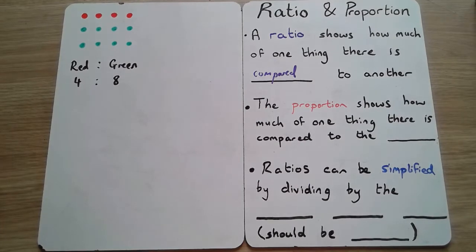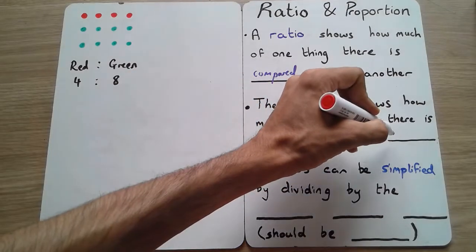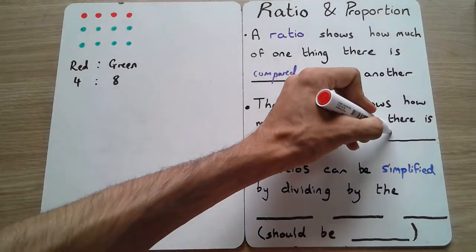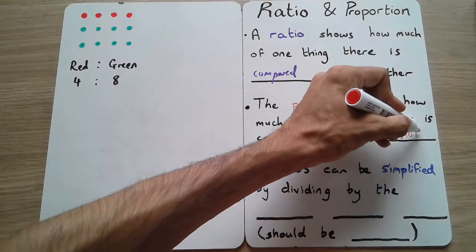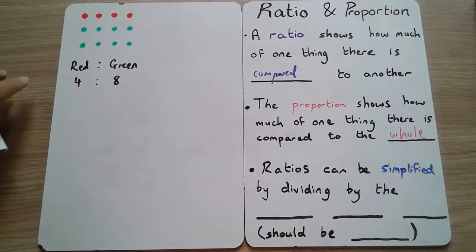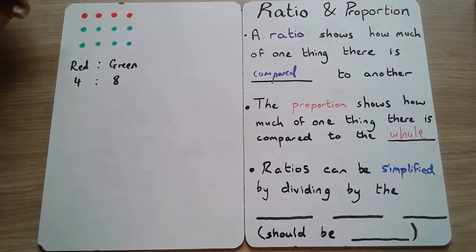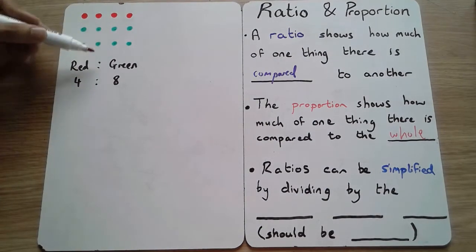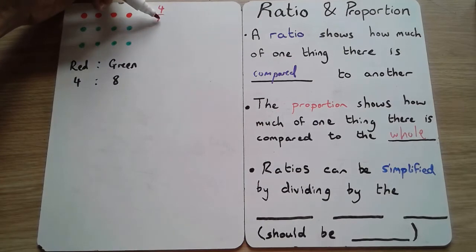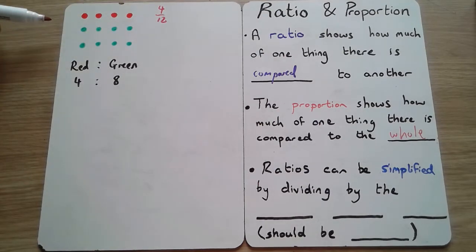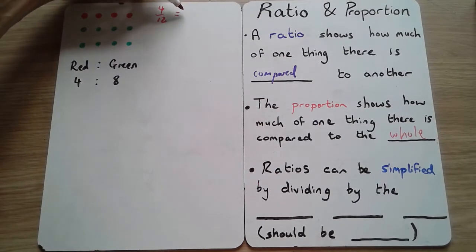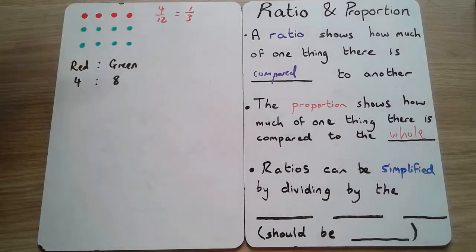The next thing I wanted to refer to though is when we talk about proportion. Proportion shows you how much of one thing there is compared to the whole, effectively. Now the whole is all of the counters in total. So if I said what proportion is red, well, red is 4 out of 12, which we can simplify to 1/3.